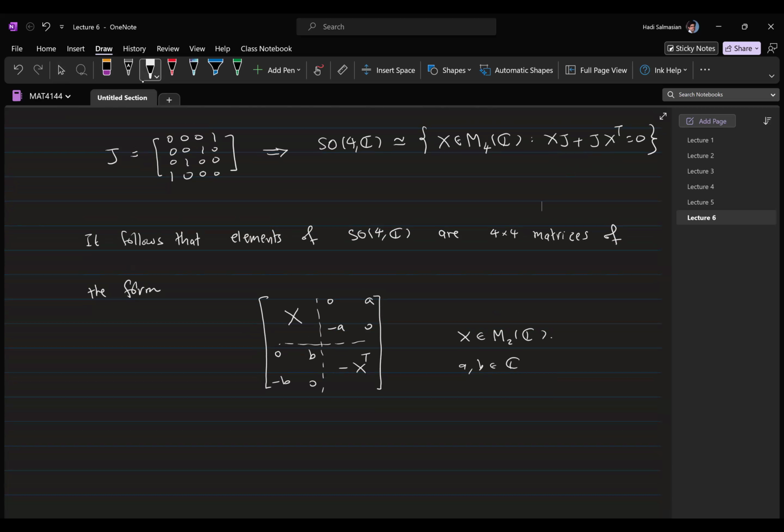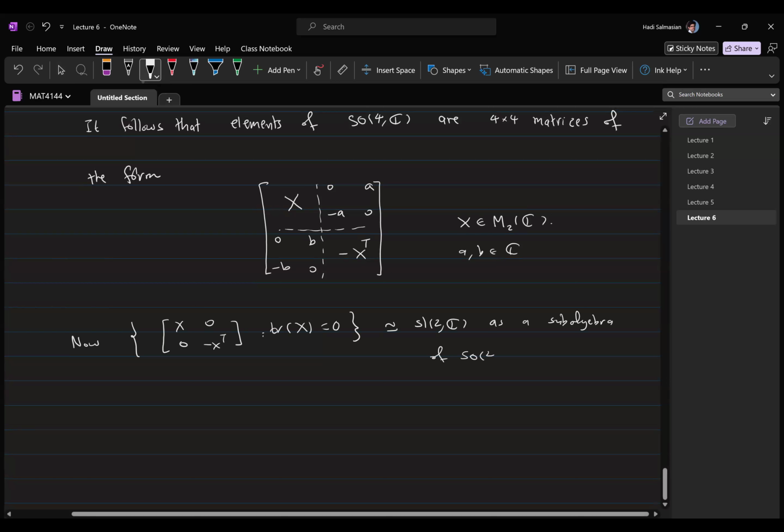So one copy I basically get on the diagonal. The set of matrices of the form X 0, 0 minus X transpose with trace of X equal to 0 is isomorphic to SL2 as a subalgebra of SO4.